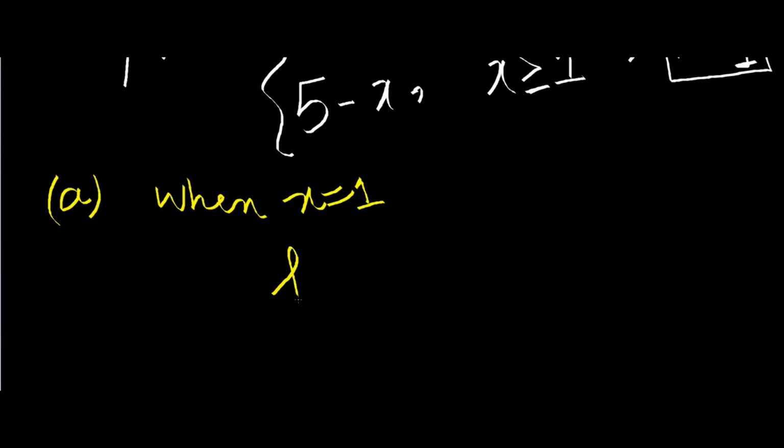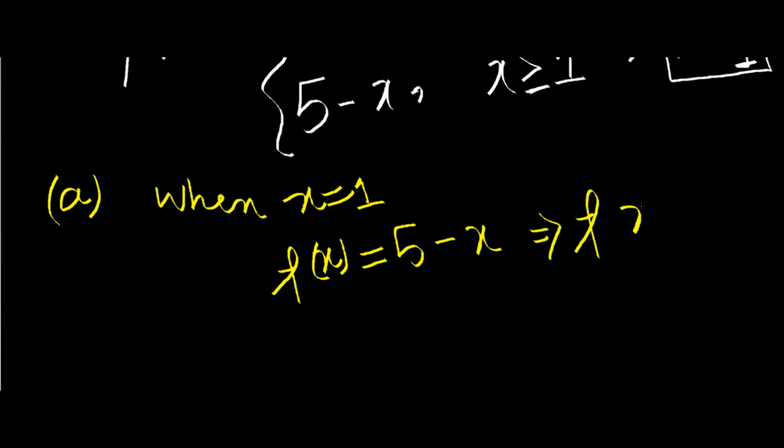So f of x is equal to 5 minus x. If I put x equals 1, f of x would be 5 minus 1, which is 4. So this is defined because 4 is a real number.